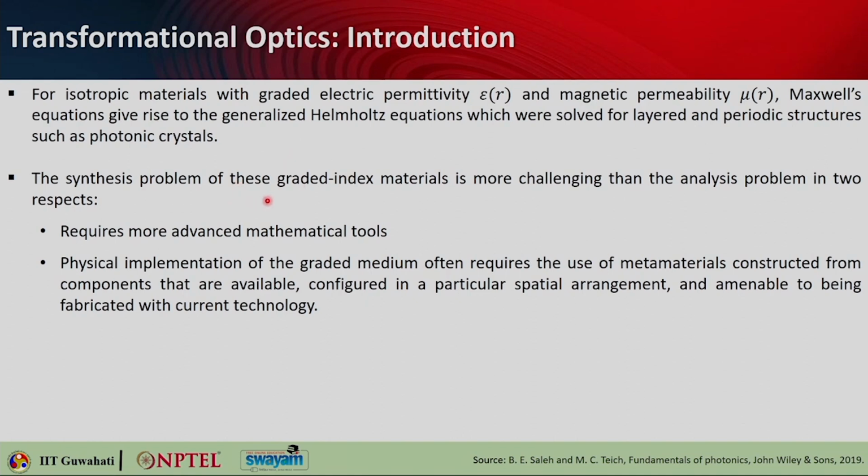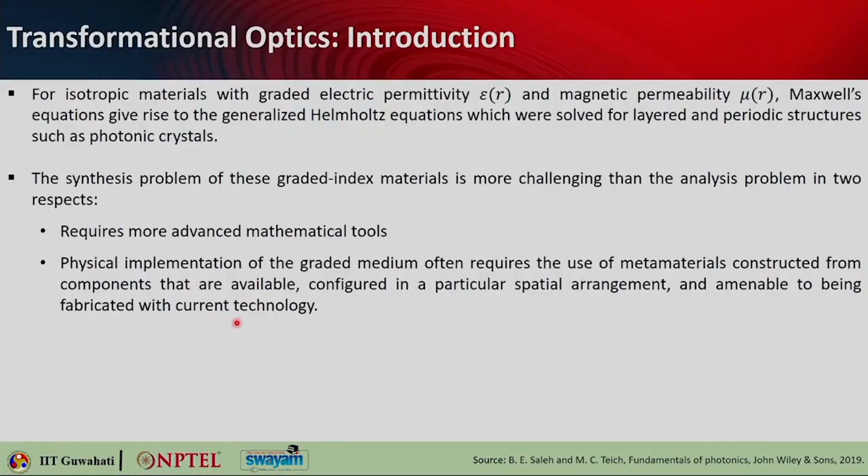Now the synthesis problem of these graded index materials is more challenging than the analysis problem in two respects. First, they require much more advanced mathematical tools, as the refractive index continuously varies along one direction or the other. Also, the physical implementation of this kind of graded medium will require metamaterials constructed from available components, configured in a particular spatial arrangement, and supported by the current fabrication technology.